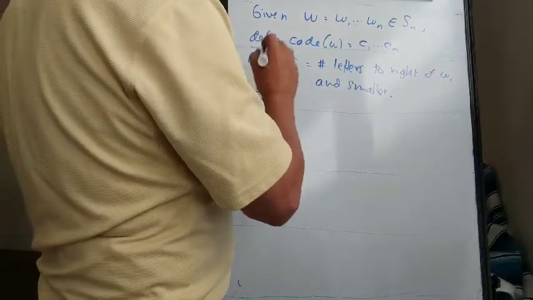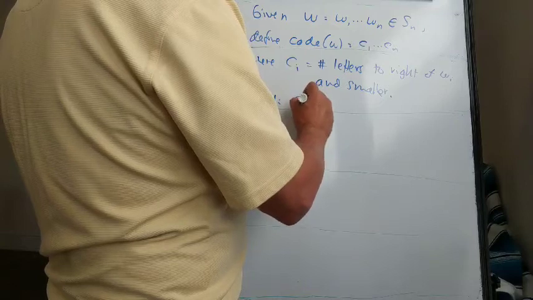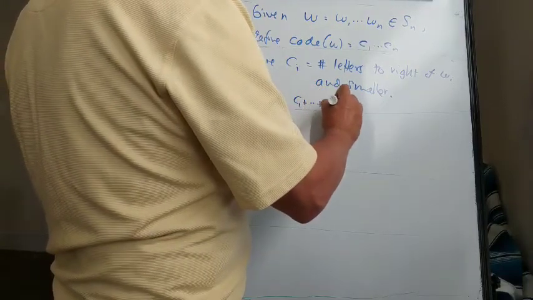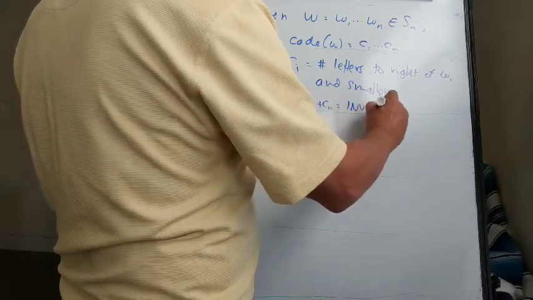And of course, as we've been using to count inversions, if we add up all the elements of the code, we get the number of inversions in W.